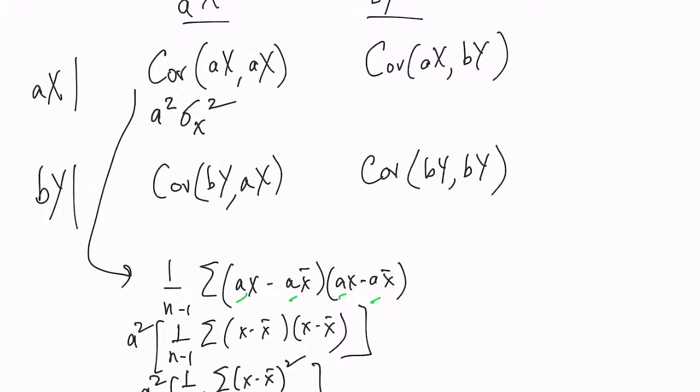So all I'm doing is I'm taking the variables, I've pre-multiplied them by a scalar, and I'm considering them in their correlation to each other. And I use the most general case of covariance. Covariance of AX with AX is just the variance of x squared, the variance of x times the scalar squared.